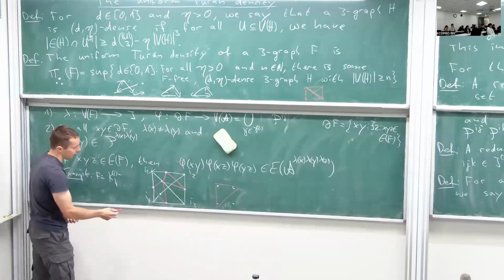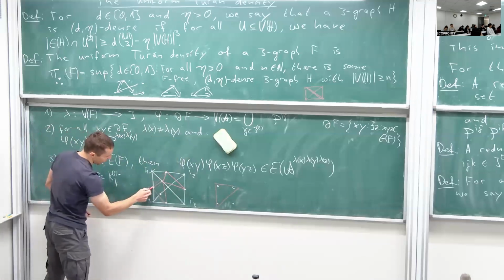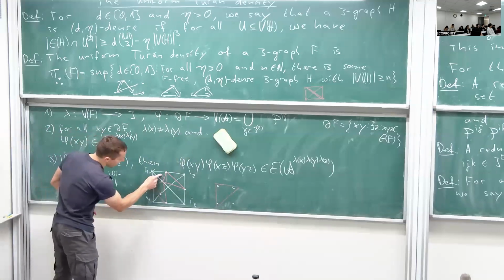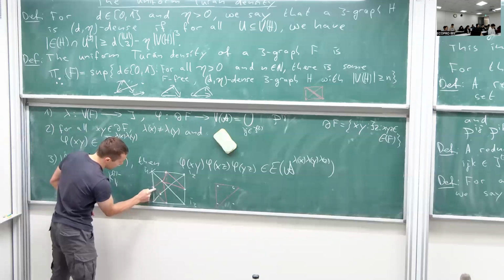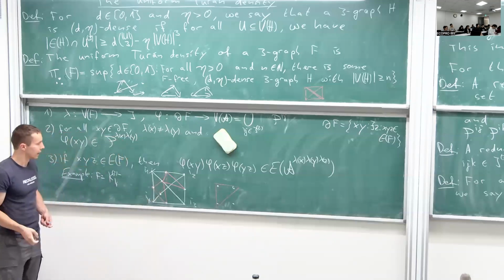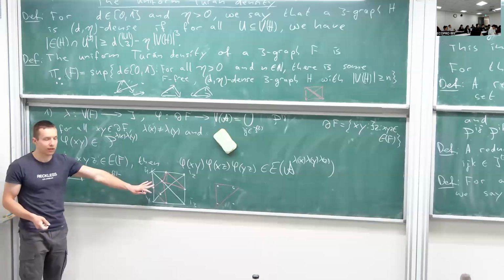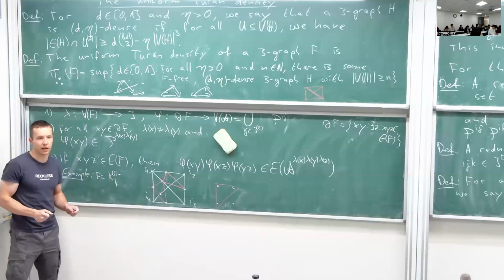So we also want to see this 3-edge. And maybe I can draw it in a dotted way so that we can still distinguish the different edges. Okay, so do we agree that this one is what we are looking for?